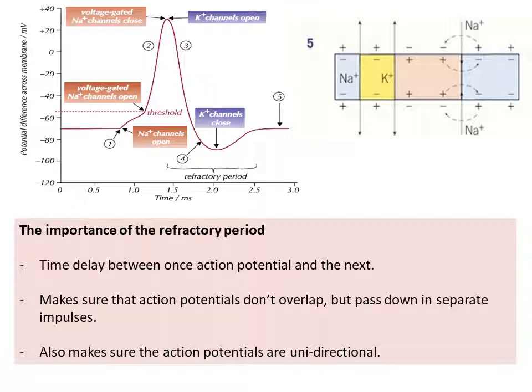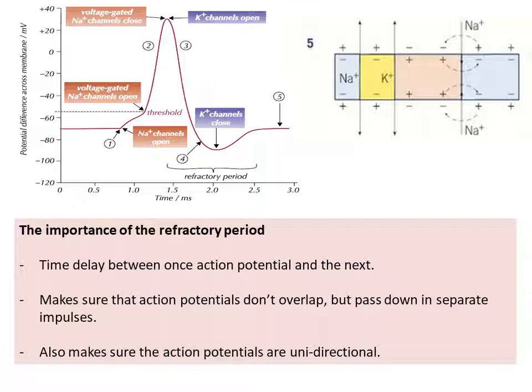And it also means, most importantly, that the action potentials have to move in one direction, because as soon as one area of the nerve has been activated, the bit behind it can no longer allow the action potential. So the only place that the action potential can move is forward, because it can't move backwards, because that area has now effectively closed down while it's in the refractory period.